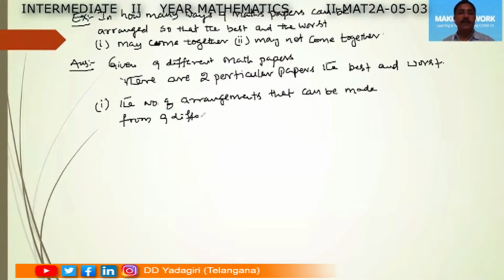Here let us consider that math papers are different things. By taking 9 different things with 2 particular things, we have to arrange all the 9 different things at a time with a condition that 2 particular things always come together.